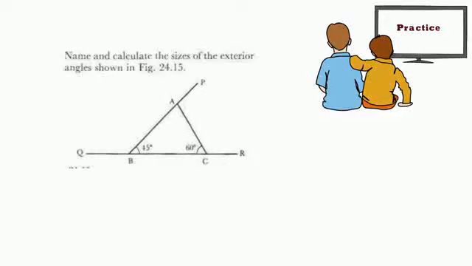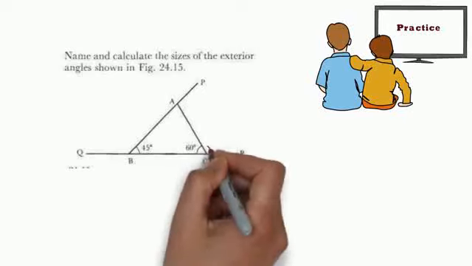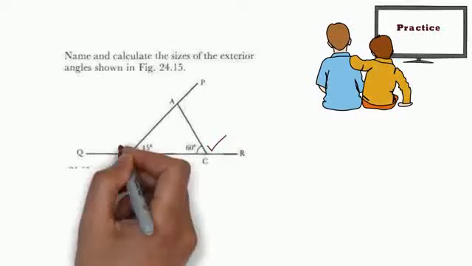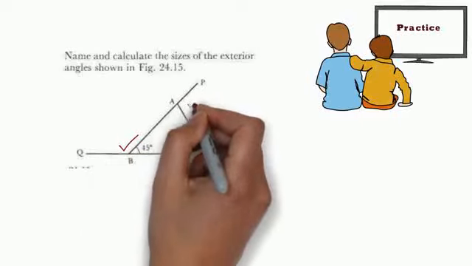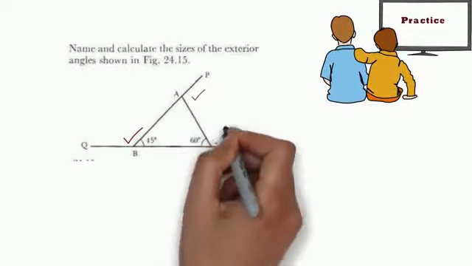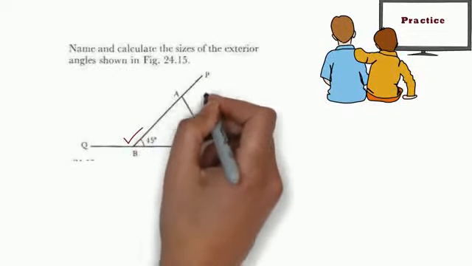Now, there's a figure there. Name and calculate the size of the exterior angles shown in figure 24.15. And clearly, we have that angle, and that angle. This is what we need to look for, and this is what the question is asking us.